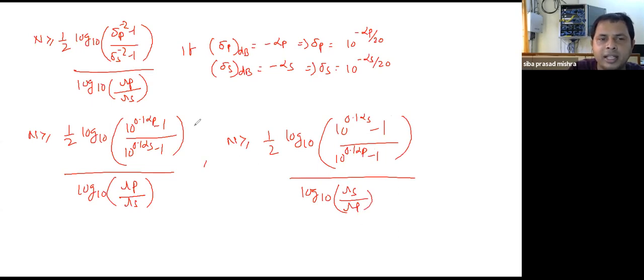Okay, this is in dB form. If del p and del s are given in dB, then these are the equations to find the order of the filter. It is the same equation, I'm just using this dB formula and putting it in the main order equation. We are getting these equations.